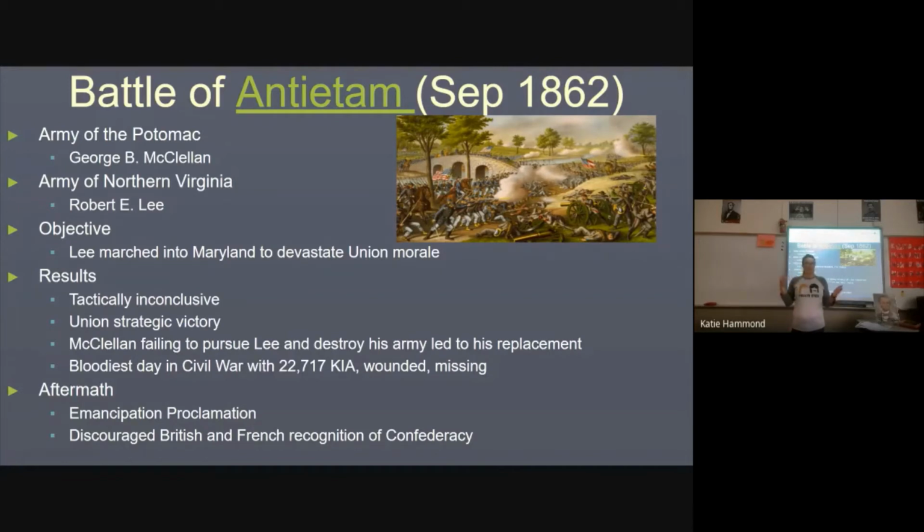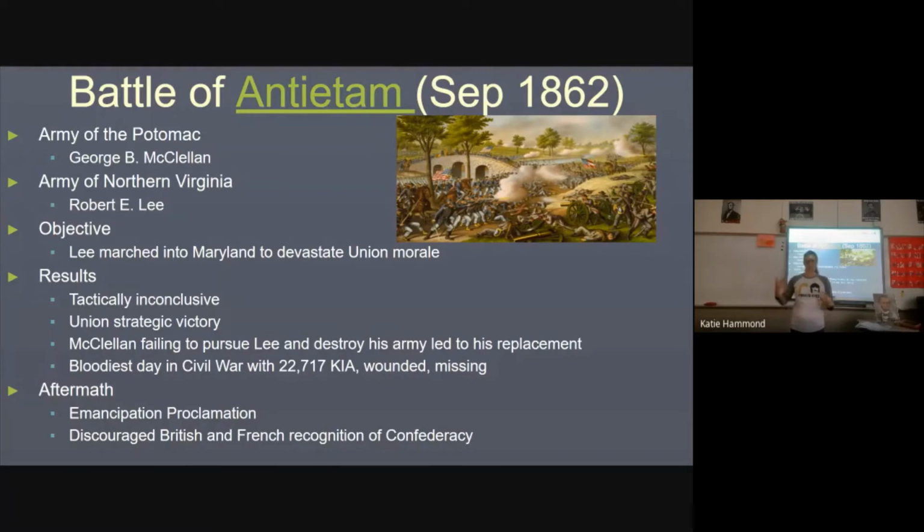So what happens with this actual battle is that Lee invades Maryland at Antietam. And it's bad for Lee, but what he does, instead of surrendering, he retreats back into the CSA, back into Virginia. McClellan is overly hesitant because he's a perfectionist.